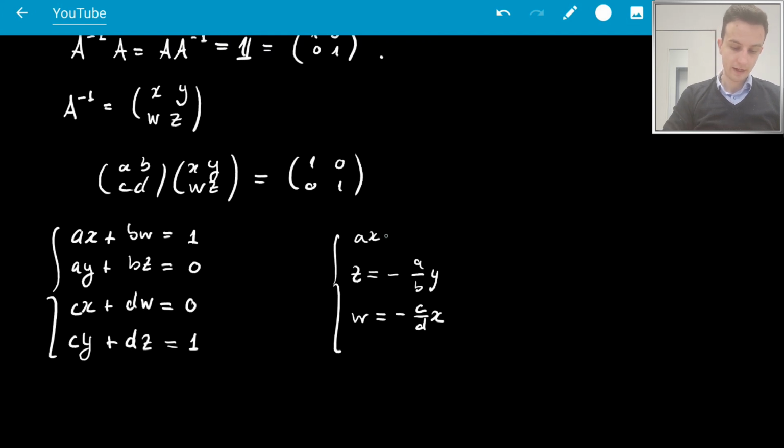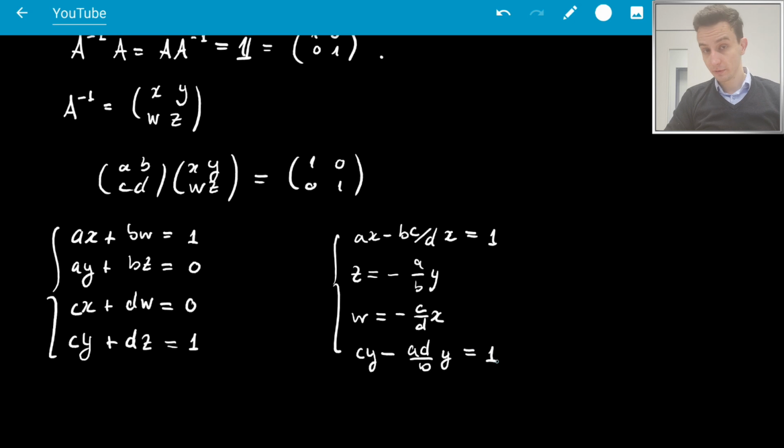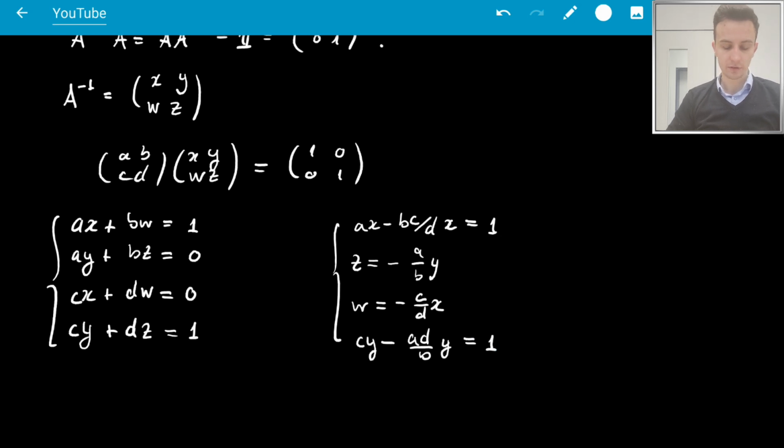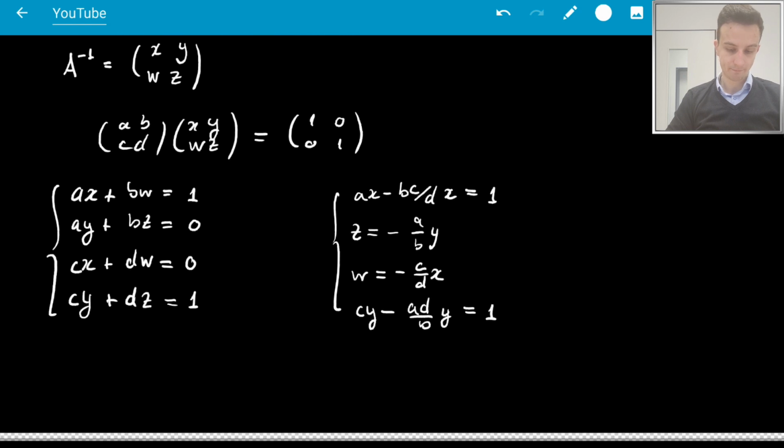We get ax plus minus bc over d x equals 1, and cy minus ad over b y equals 1. So this should be valid for all a, b, c, d. We're trying to solve for y and x now.